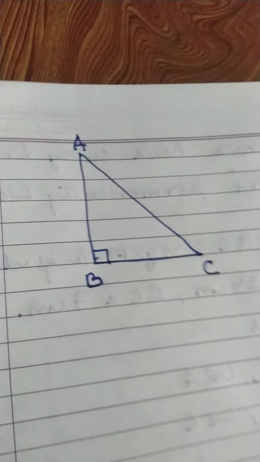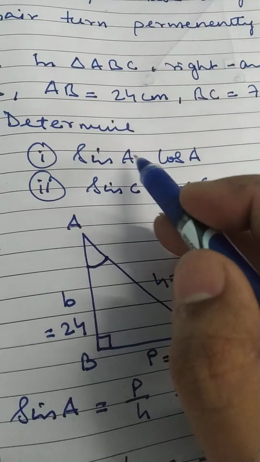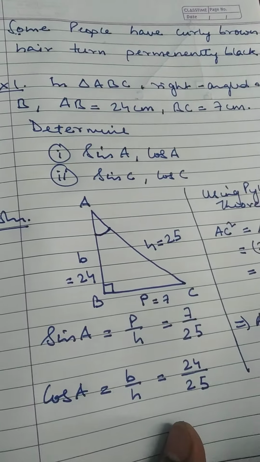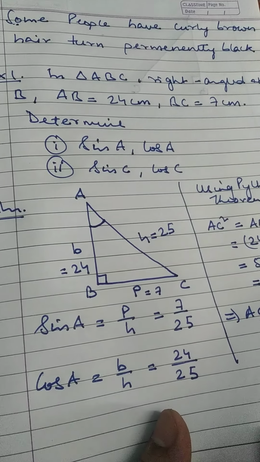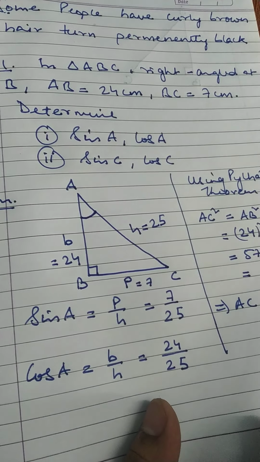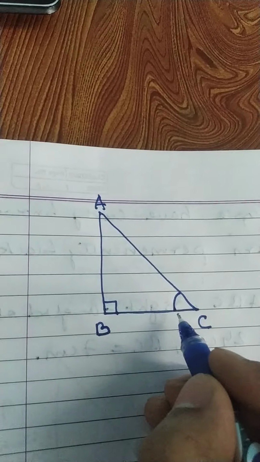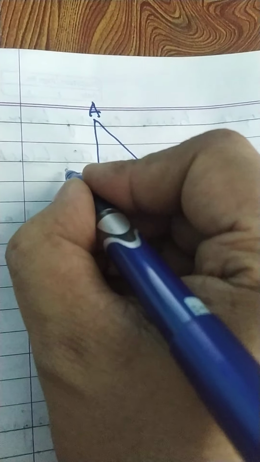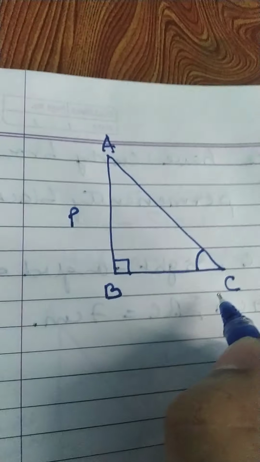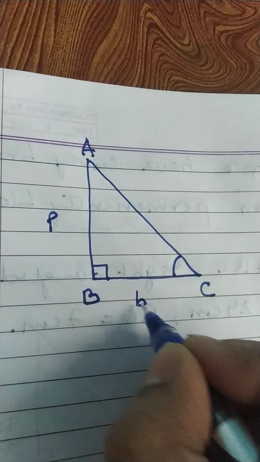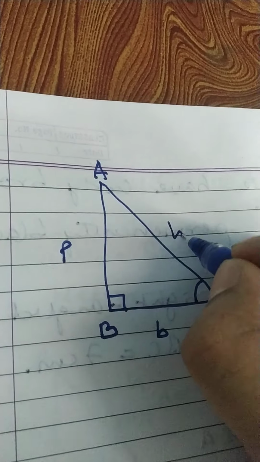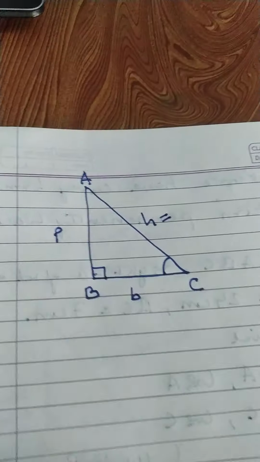Now we have to calculate sine C, cos C. That means we have to define the trigonometrical ratios with respect to the angle C now. So our angle is now C. With respect to this angle C, AB is our perpendicular P, BC will be our base, and AC will be our hypotenuse.